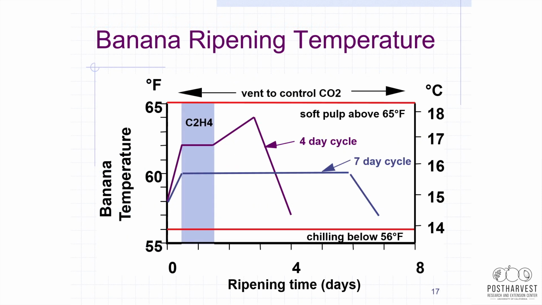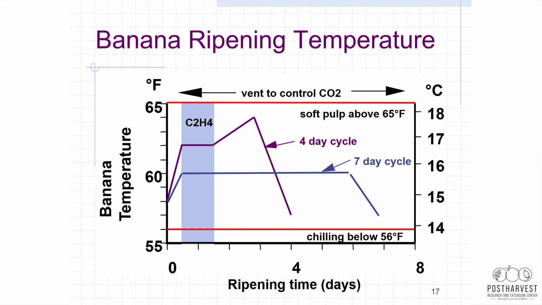In terms of using temperature, this is a slide that I got from Jim Thompson. You want to control the carbon dioxide in the ripening room to less than 1%. And here again, if you go above 65 degrees flush temperature, you can get soft pulp.